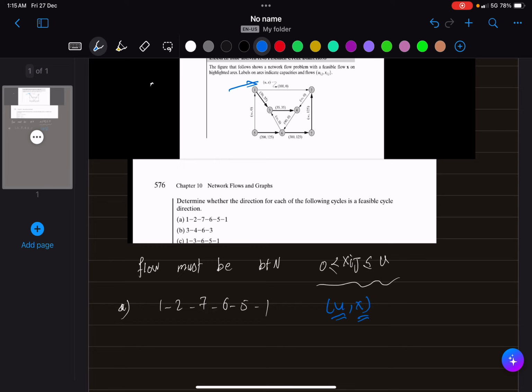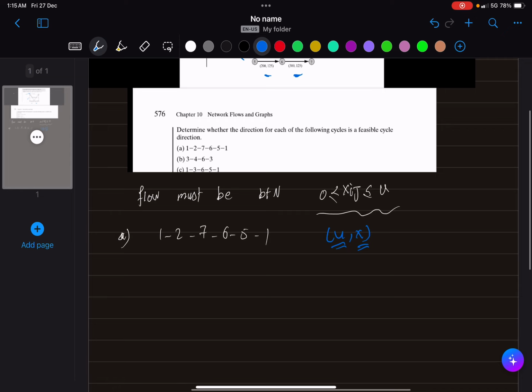The other arc, 124 also, because the upper limit 300 here will become 124 and the upper limit is 200. Here it's forward direction, the 0 becomes 1 and the upper limit is infinity. So this cycle direction is a feasible direction.